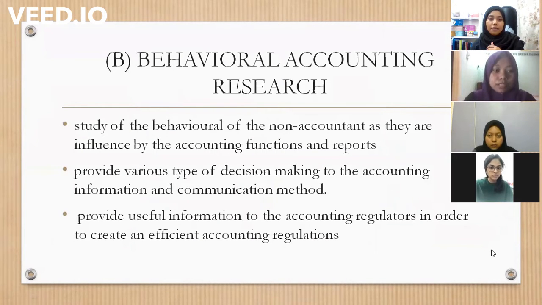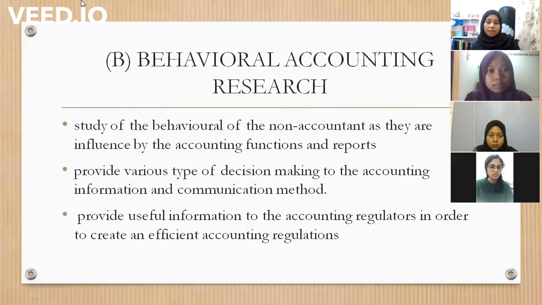I will continue with question 3B, which is the focus of the behavioral accounting perspective from the three models of human information processing: the Brunswik lens model, the process tracing model, and the probabilistic judgment model. What is the behavioral accounting perspective?